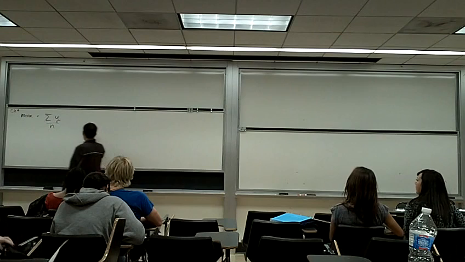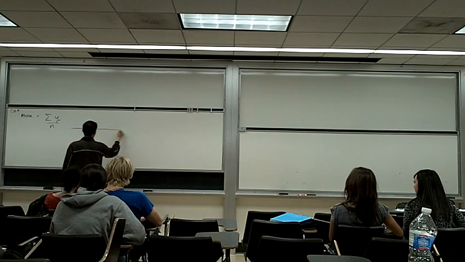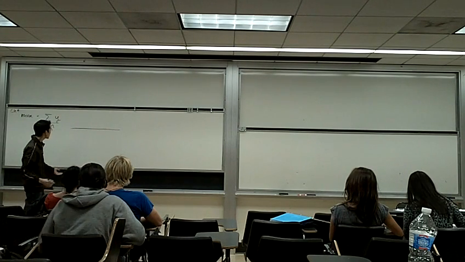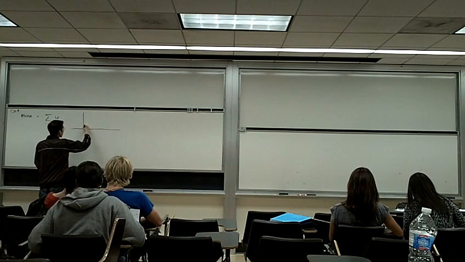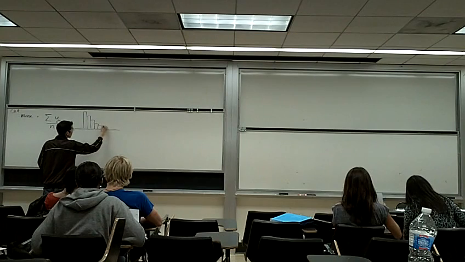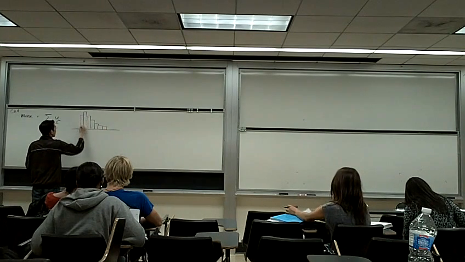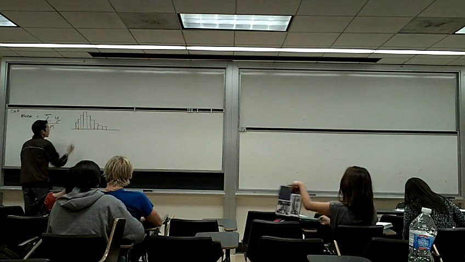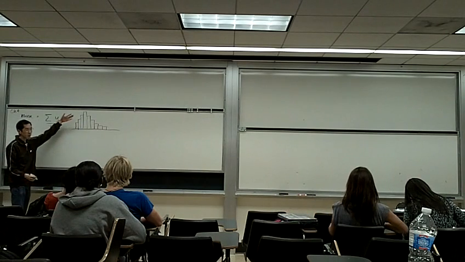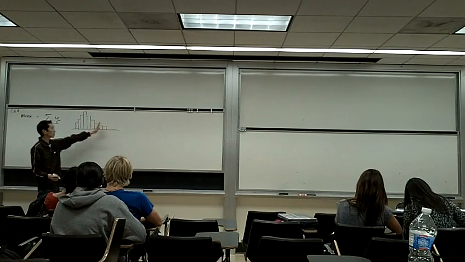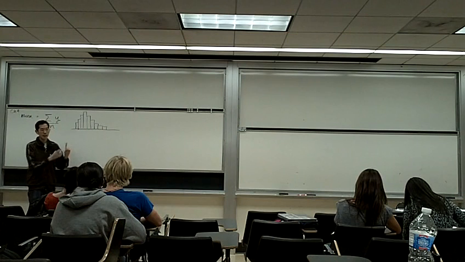Okay? Now the interpretation or the meaning behind the mean is that if you have some distribution, and imagine that we've got some histogram that looks like this. Imagine cutting this thing out of wood or something, and then placing it on a seesaw.